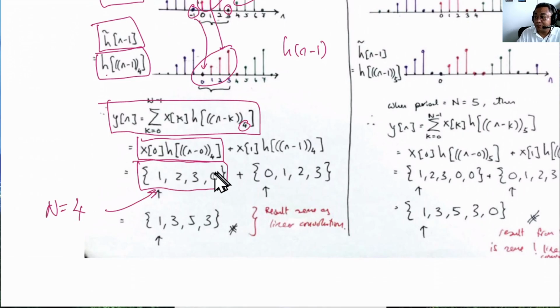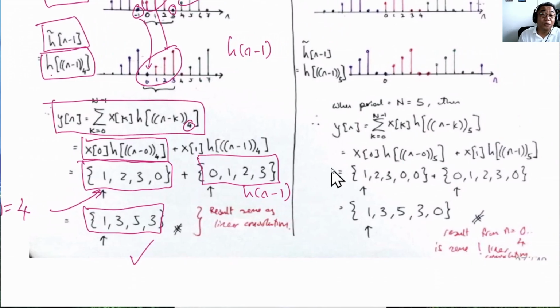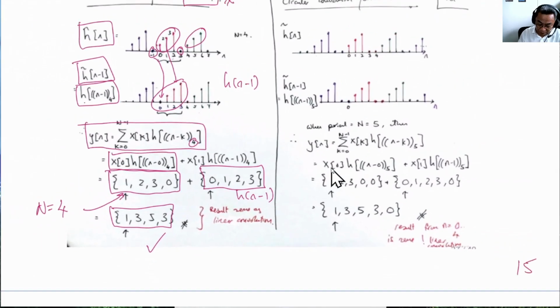Okay, so this is 4 samples, there's a 0 here. x[1] and h[(n-1) modulo 4] is also 4 samples, and this looks like h[n-1]. And now when we add them up, it's exactly correct. Voila! So we know that by zero padding, we can actually change circular convolution into linear convolution.